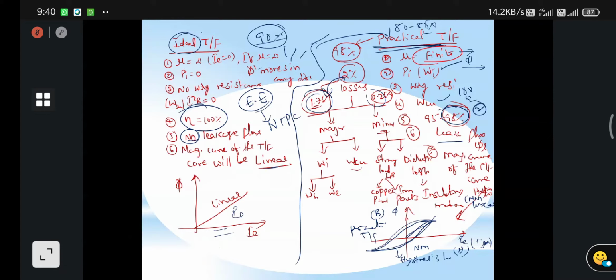So there is no leakage flux in an ideal transformer, and the magnetization curve of the transformer core will be linear here.